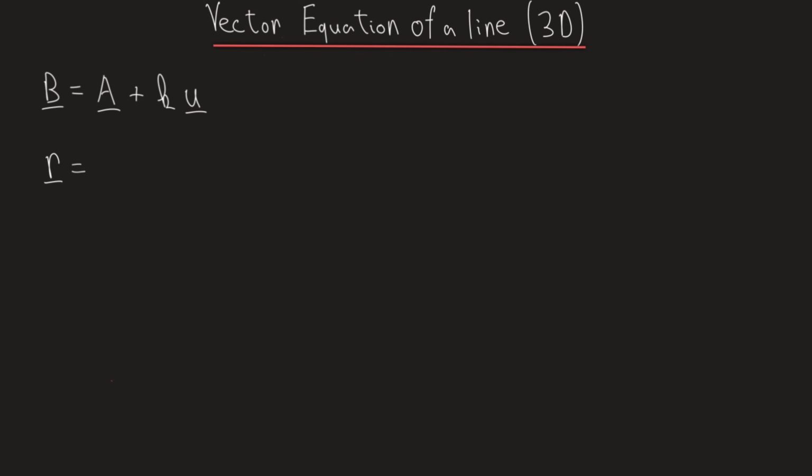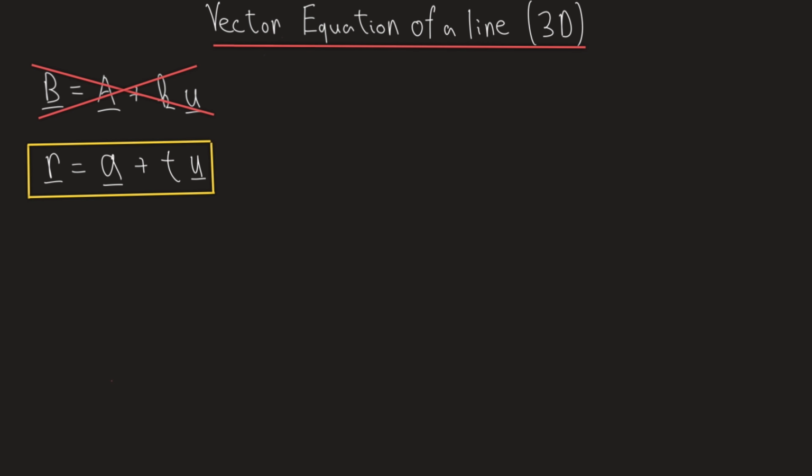So instead of a capital position vector A, I will have a lowercase a. And instead of having a scalar k, I'll be having a scalar t, the parameter t. The reason I have a parameter t instead of a k is that in 3 dimensions, we have the unit vector k. And therefore, to avoid all confusion, I will have a parameter t instead.